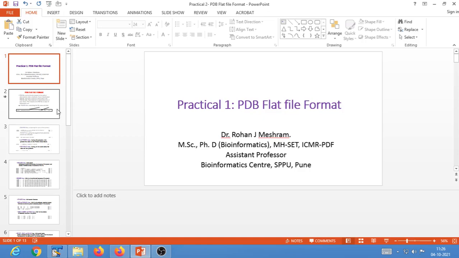Keeping this in mind, it is very important that you know how the structural data is arranged in a typical PDB file.